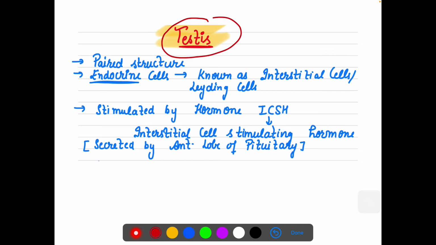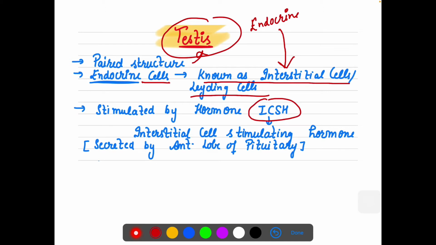The endocrine cells of testes are known as interstitial cells or leydig cells. The endocrine part of the testis has specialized cells known as interstitial or leydig cells, and they get stimulated by the hormone ICSH. ICSH is interstitial cell stimulating hormone, and this is released by the anterior lobe of pituitary.